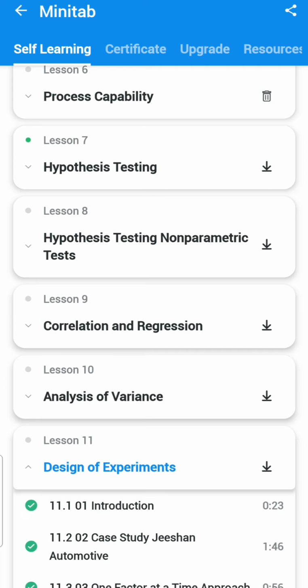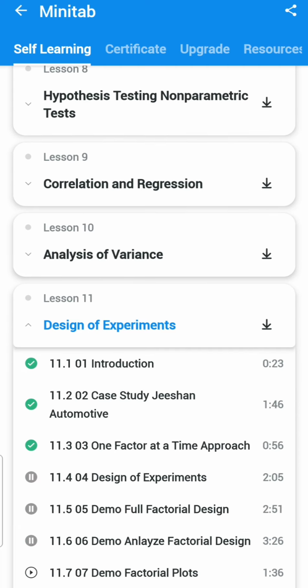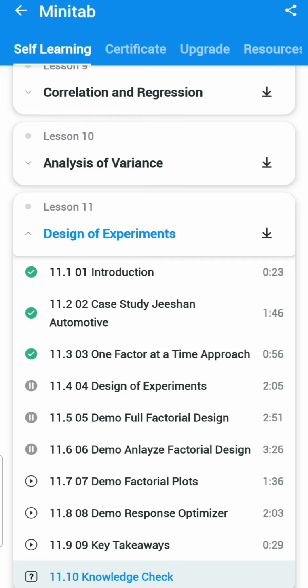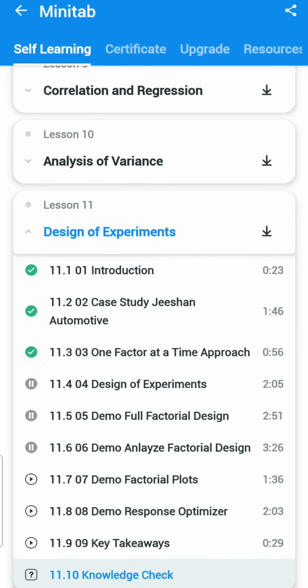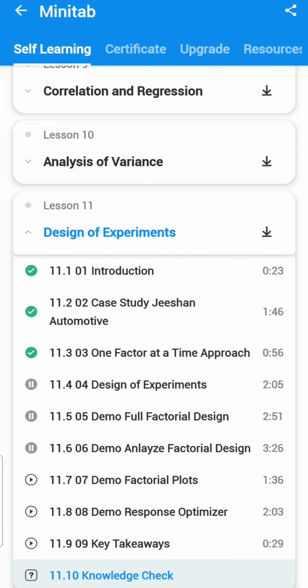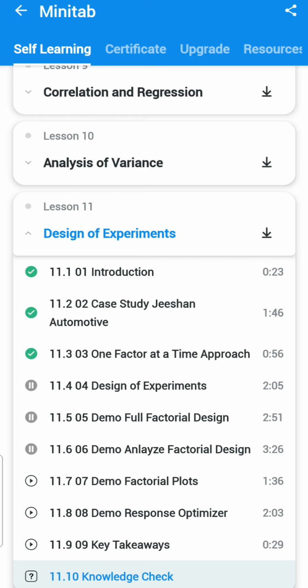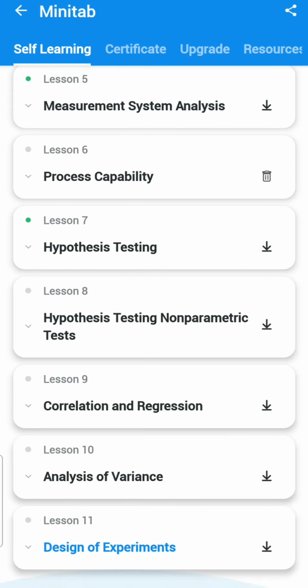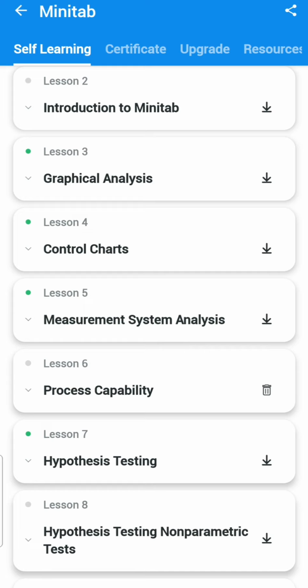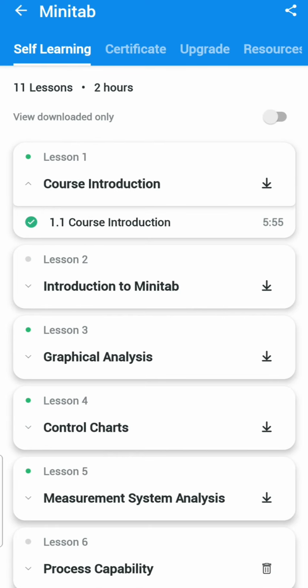Then analysis of variance and design of experiment, where you can expect the response optimizer, and you have some insights on full factorial also. So this is the 11 chapters it has got. Let's talk about more in detail.